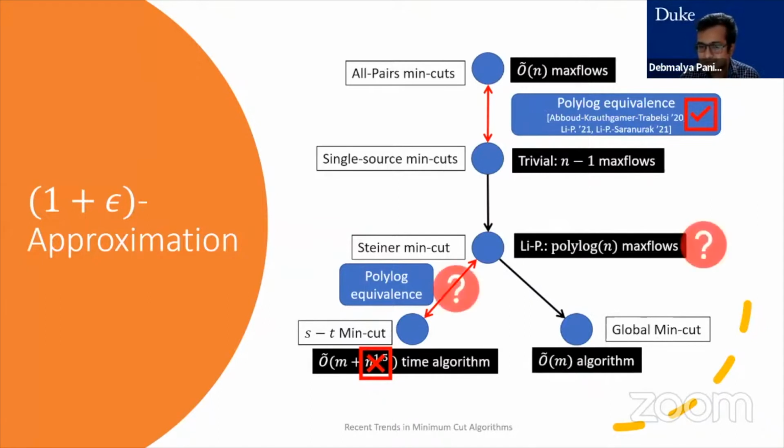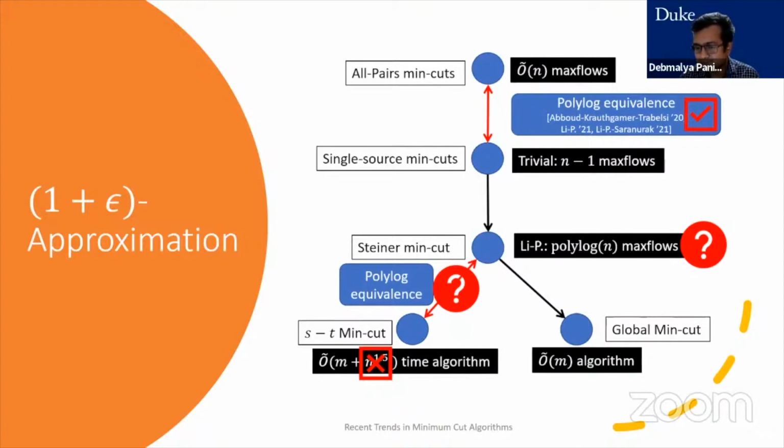So this reduction doesn't quite work in the approximate world, and therefore, even for Steiner min cuts, once you allow approximations, you don't quite get this polylog max flow running time anymore.